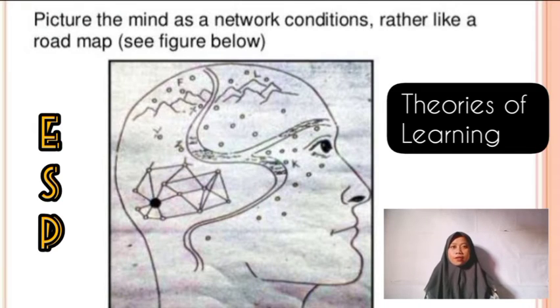Next, let's talk about the fifth material, about theories of learning. There are 5 main stages of development in the theory of how learners learn and relate each to the needs of ESP students and teachers.